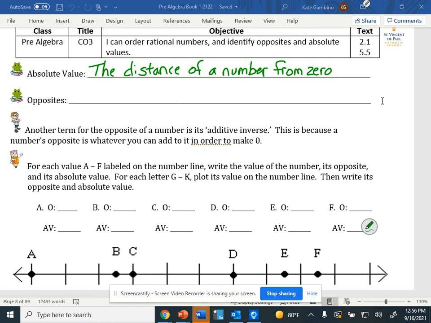The opposites are numbers that are the same distance from zero.